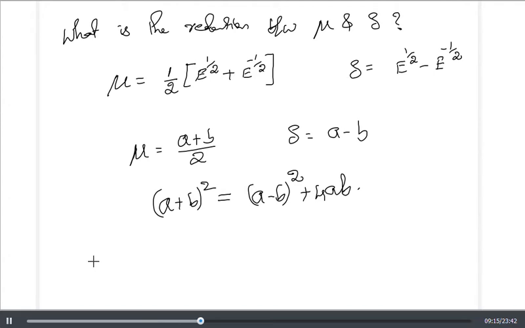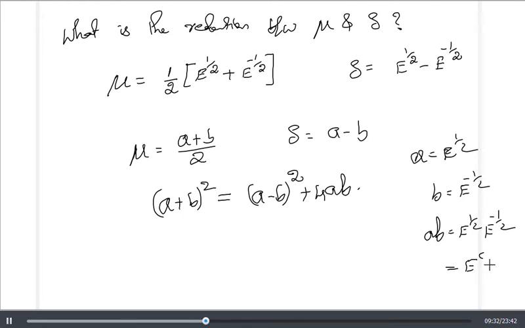Here a is e power 1 by 2 and b is e power minus 1 by 2. If I multiply a and b, that gives e power 0, which is 1. So here we just have 4.